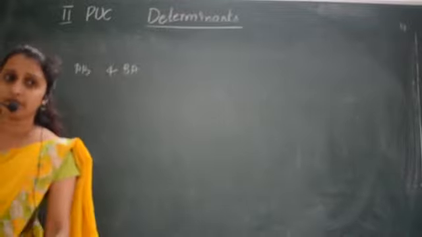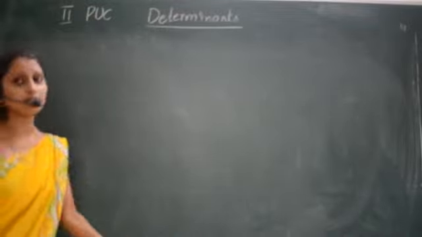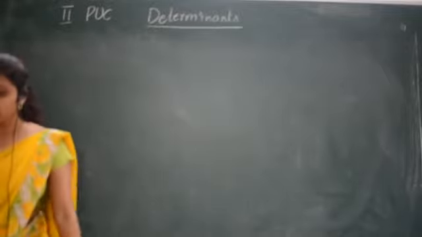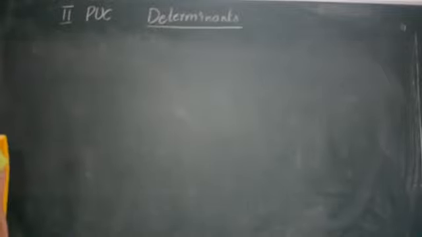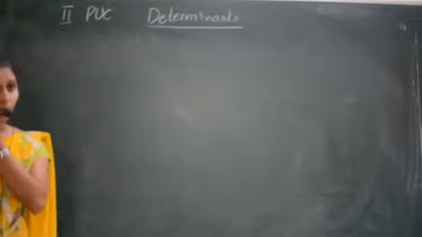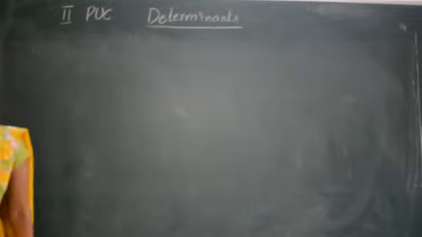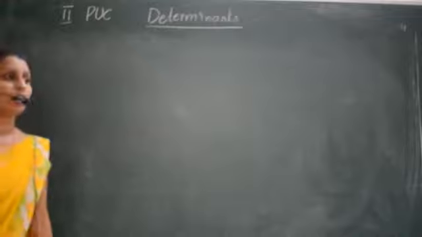We have studied one theorem: if matrices are non-singular, then AB and BA are also non-singular. The next theorem is that the determinant of the product of matrices is equal to the product of determinants.